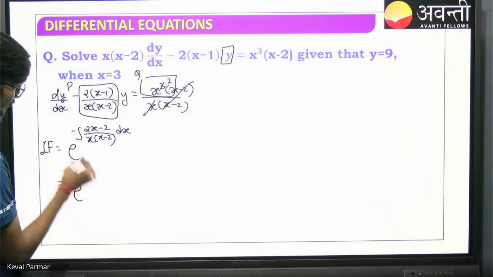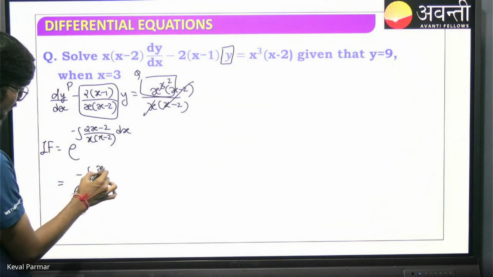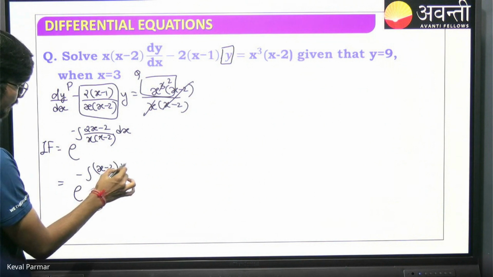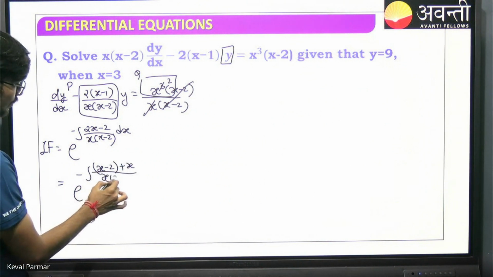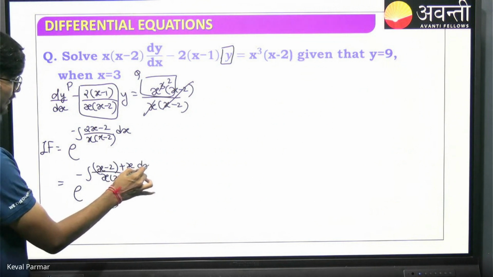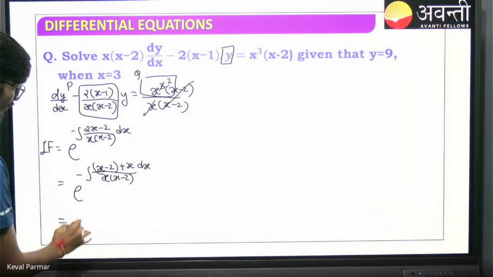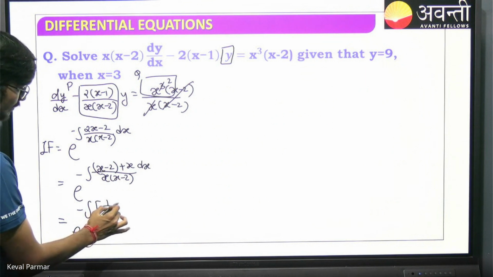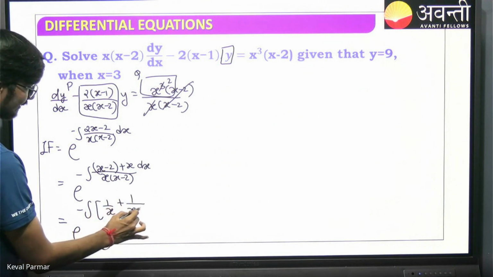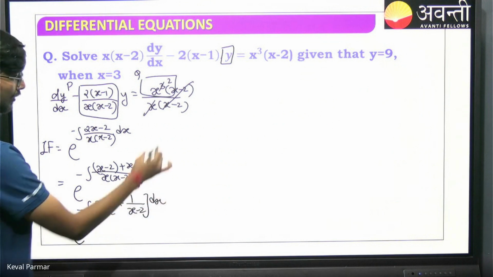I'll write it as x minus 2 plus x upon x into x minus 2 dx. Now we'll split it. So I'll get minus integration 1 upon x plus 1 upon x minus 2 dx. I hope you got it.